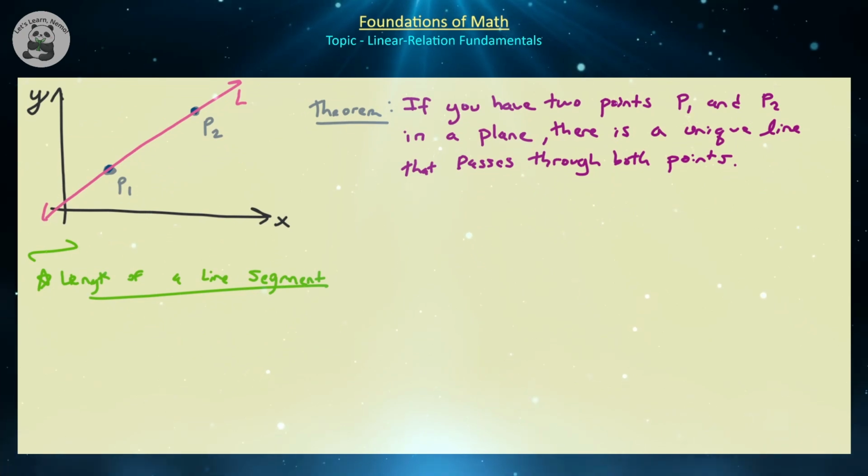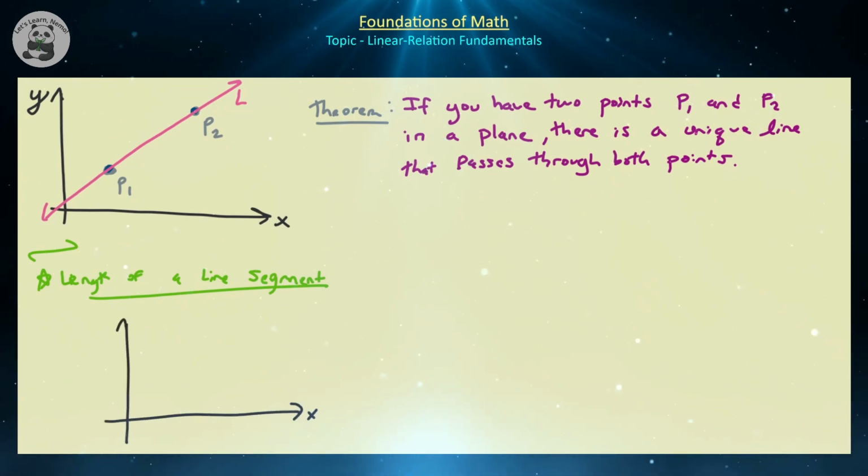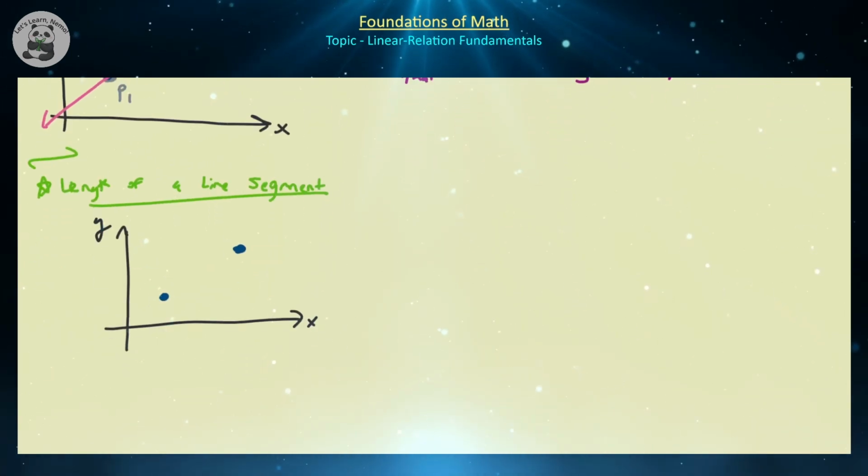So I'm going to consider 2 points in the xy plane, horizontal x, vertical y. Let's assume that I have point 1 here and point 2 here. Since they're both located in the xy plane, they each have an x value and a y value associated to them.